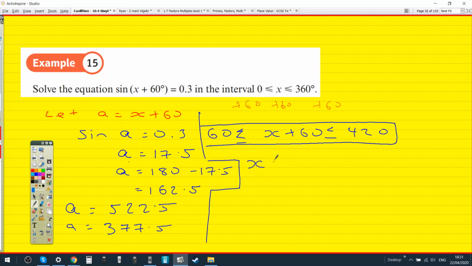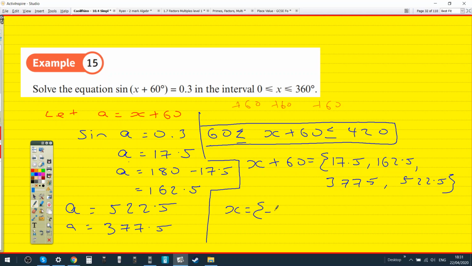So then do we minus 60 from all of the answers to get 17.5 minus 60 is minus 42.5. And then 102.5, 317.5, 462.5.